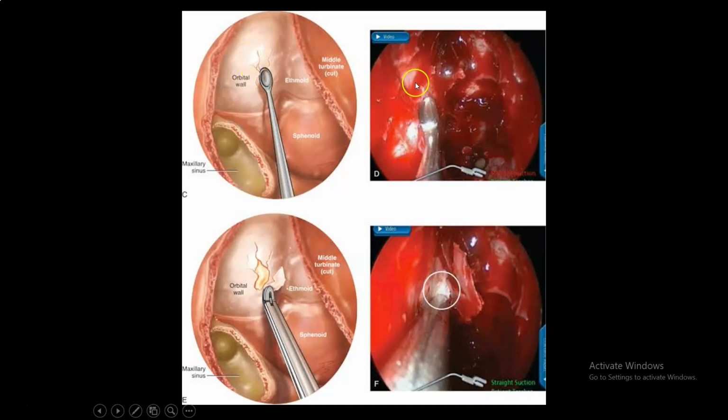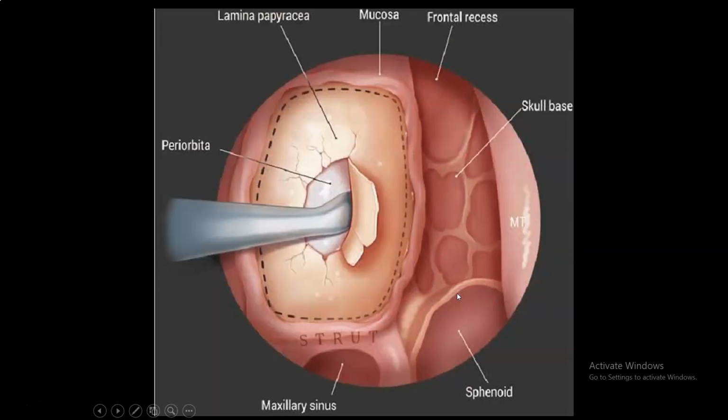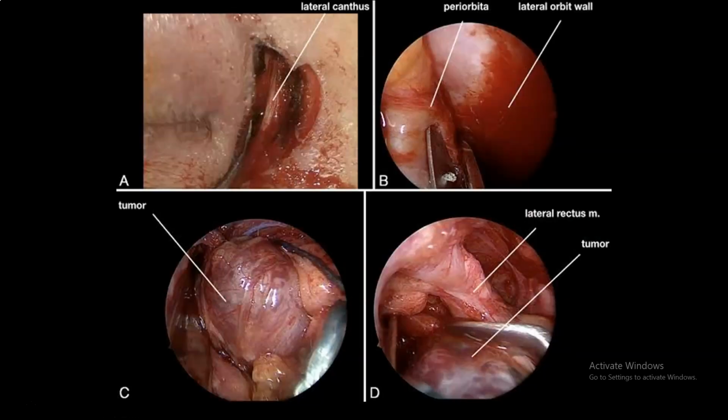So this is the orbital wall here, and we are removing the orbital wall, lamina papyracea. Taking out the lamina papyracea, from the ethmoid we can reach the periorbita, medial. So we reach the inferior periorbita and the medial periorbita.